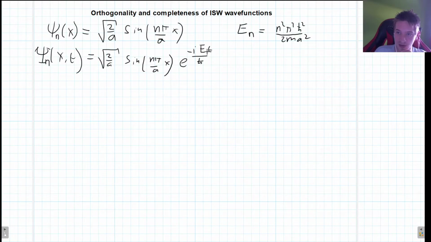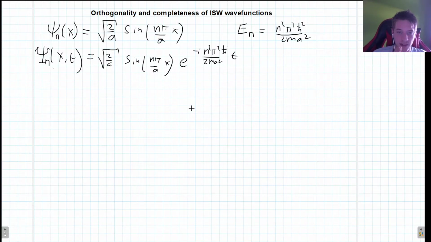Now, since energy En is this over here, we can just write this as minus i times n squared pi squared h bar over 2ma squared times t. The h bar squared got cancelled with the h bar that was in the denominator. So this is going to be these wave functions. So that's what we showed last video.